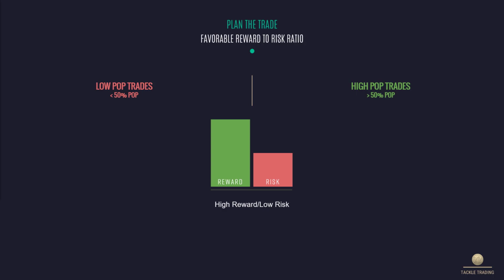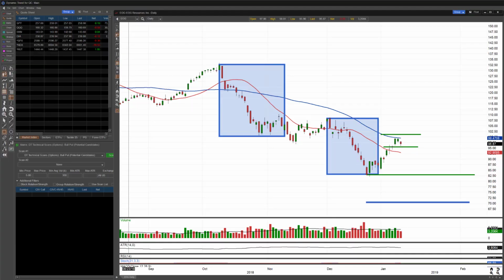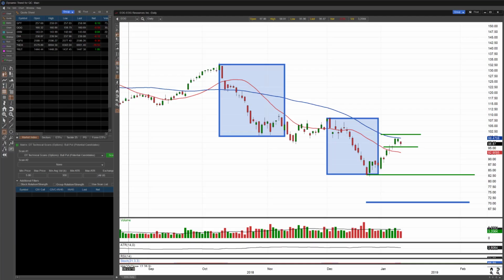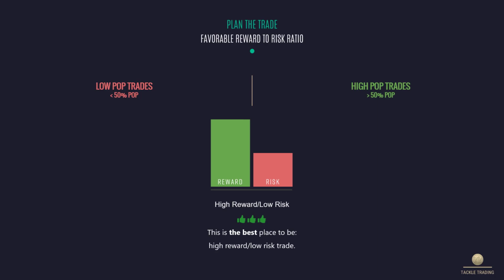We're looking at a technical environment where the stock is getting absolutely butchered over the last 3 months, and all I'm saying is the stock's going to continue to do what it has been doing, and I'm just going to simply put myself in a position to make money, in this example $900 or $2,100, depending on what target it ends up ultimately going to. High return, low risk, good probability.